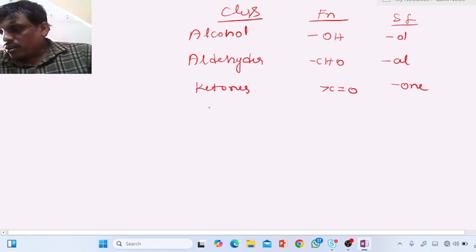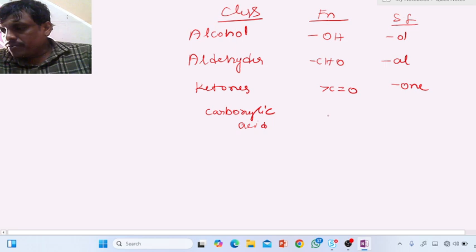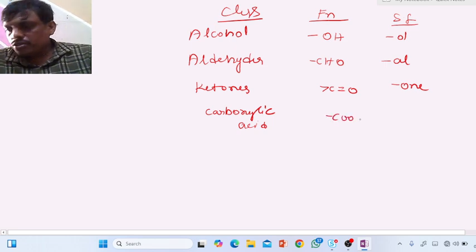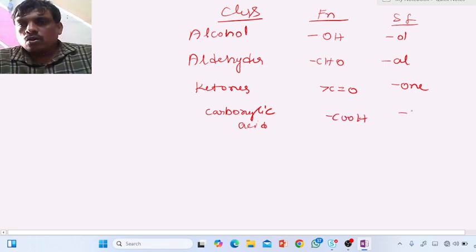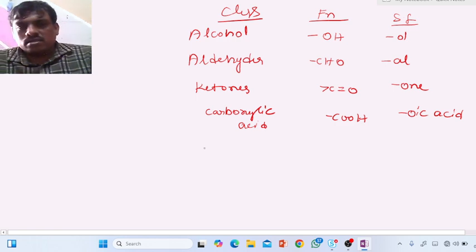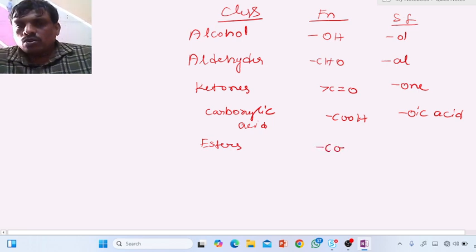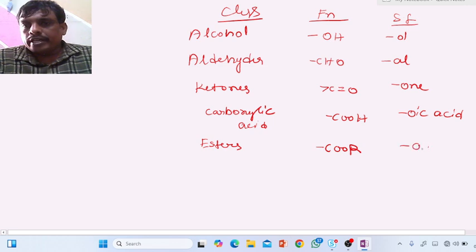In case of carboxylic acids, the functional group is COOH and oic acid is the secondary suffix. After that, esters are there. Functional group is COOR, and oate can be given as the name.